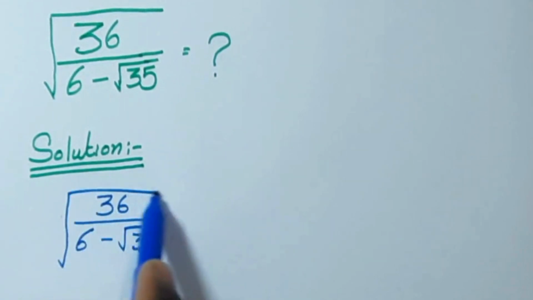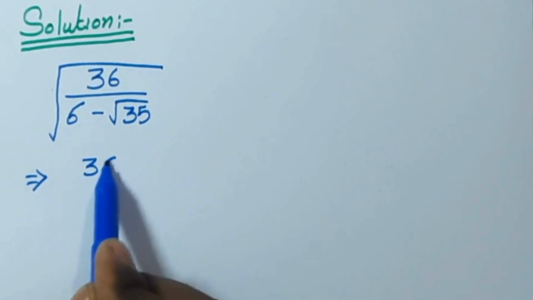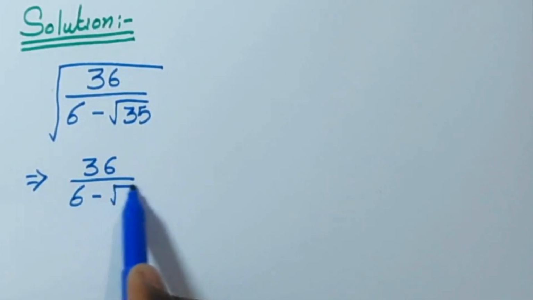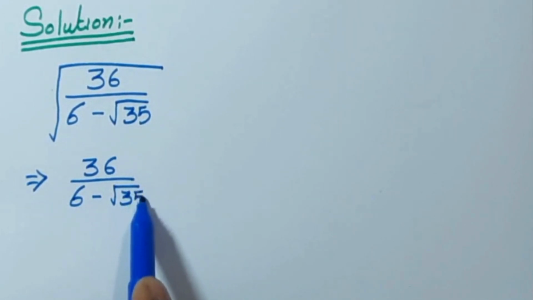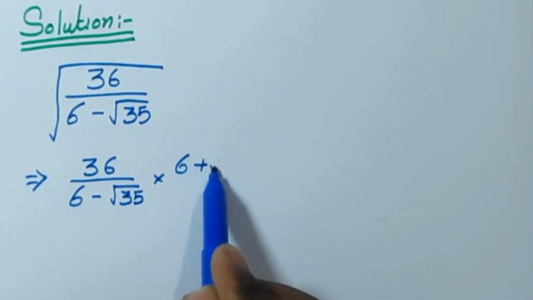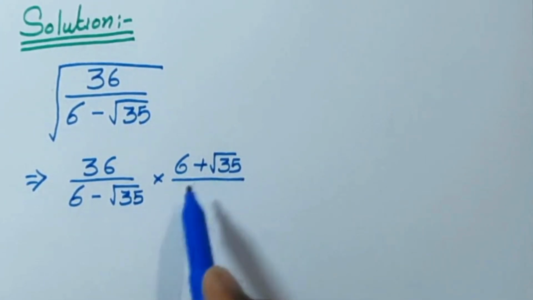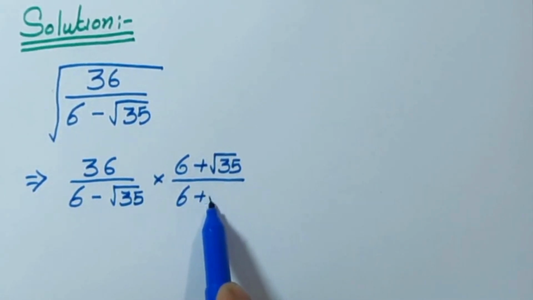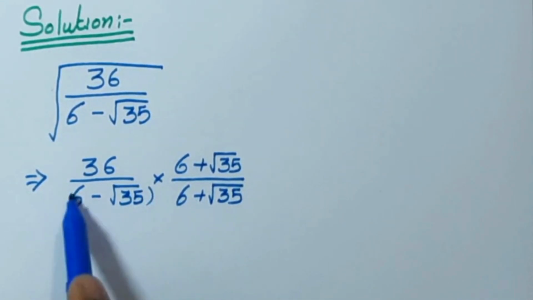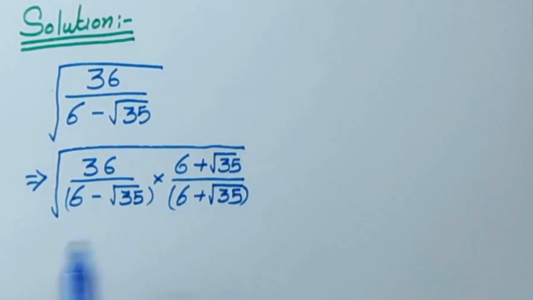Now, 36 by 6 minus square root of 35 times 6 plus square root of 35 by 6 plus square root of 35, whole square root.